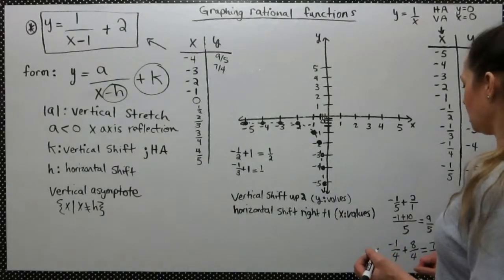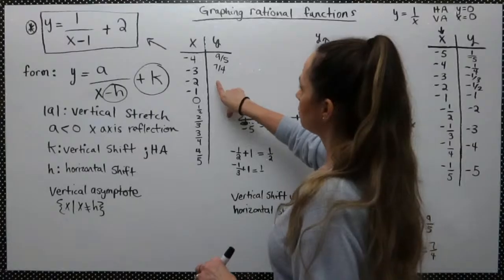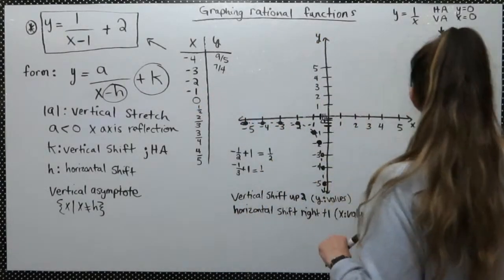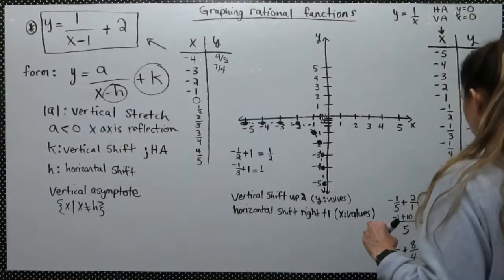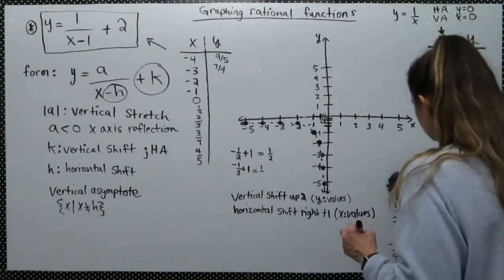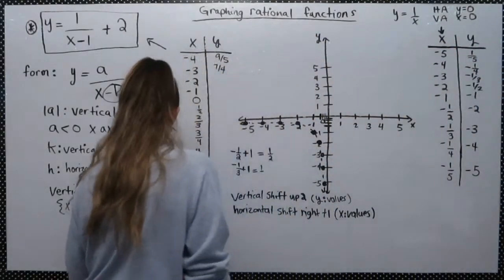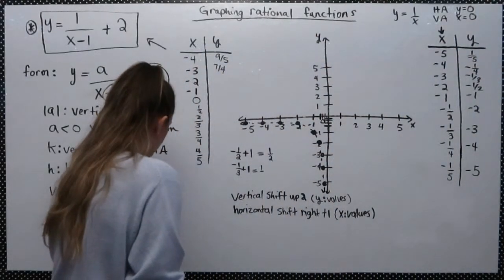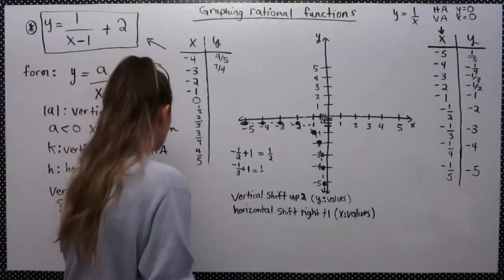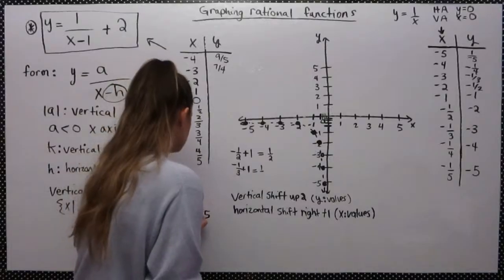And then we'll go ahead and let's see, this next value, -1/3. So let's make an equivalent fraction on that one. -1/3 up 2. So that's 6/3. So that's going to be 5/3.